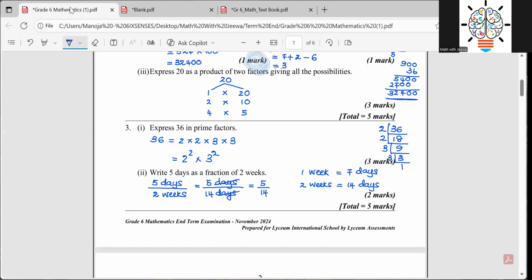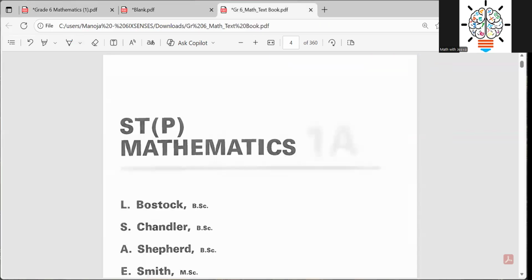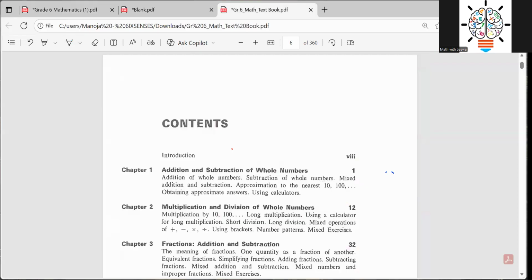Then the next thing you should know, right? When we are going through this, you will understand they have taken everything from the textbook itself. So you don't want to do this book and that book, and this paper and that paper. I know that some parents are trying to do that.